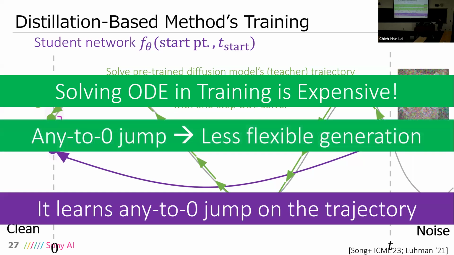Another one is that different models have this kind of any-to-zero, progressive generation, so we can actually control the middle part for flexibility and controllable generation. But if we do one long jump of the solver, then it misses that controllability. So how do we balance these two? How do we resolve these two problems?